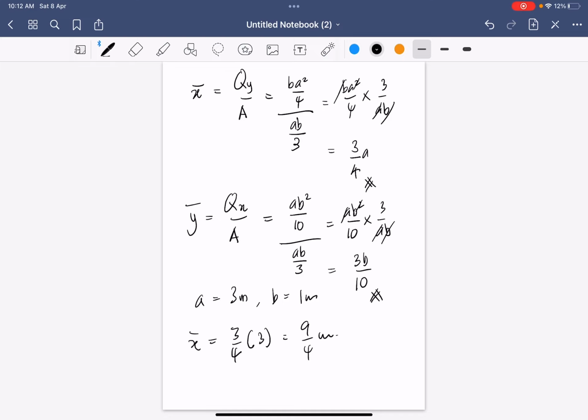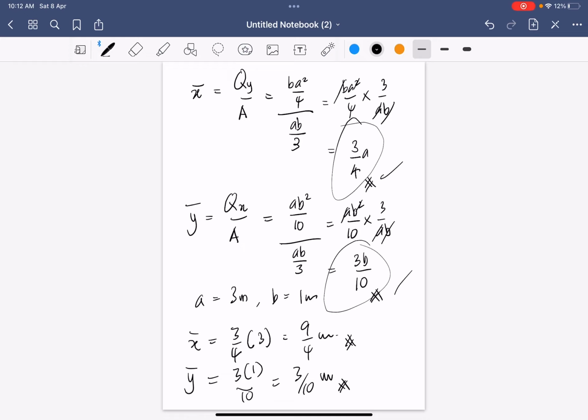Meanwhile for y bar, 3b over 10, where b is 1 meter, you'll get 3 over 10 meter. So actually this is a general equation. If we have the dimensions a and b, you can use it to get the centroid of a parabolic spandrel.